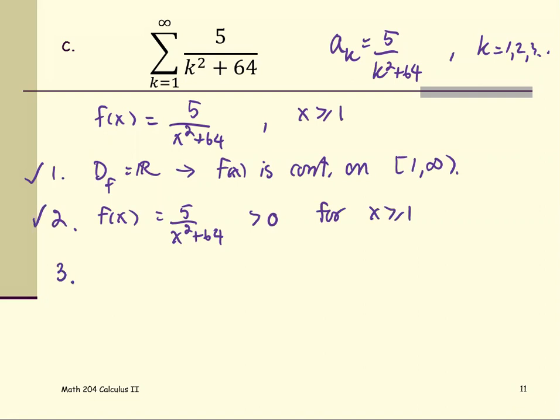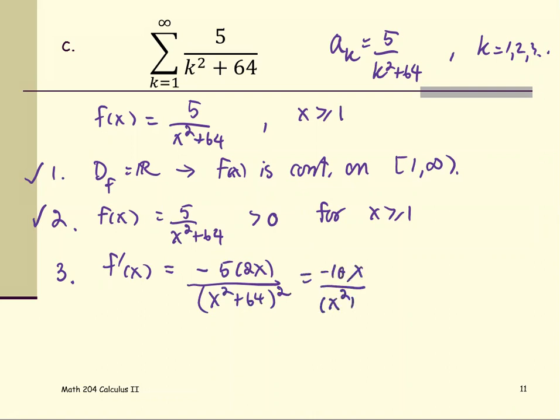And number 3, is the function decreasing? We're going to find the first derivative again, or we can do it by observation. For this case, observation might be easier, but to be concrete, we use the derivative to verify it. So this is going to be −5·2x/(x²+64)², or −10x/(x²+64)².